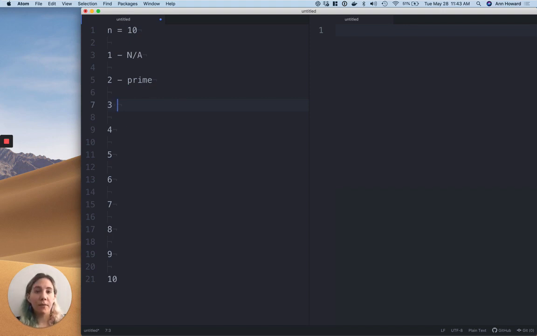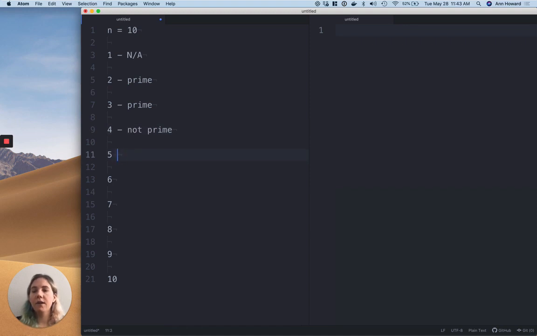We're looking for whole numbers to come out, so what we have to do is conclude that 3, since it's not divisible by 2, is a prime number. Okay, 3 is prime. Now, 4. Is 4 divisible by any numbers lower than itself, other than 1, of course? Well, it's divisible by 2, so not prime.